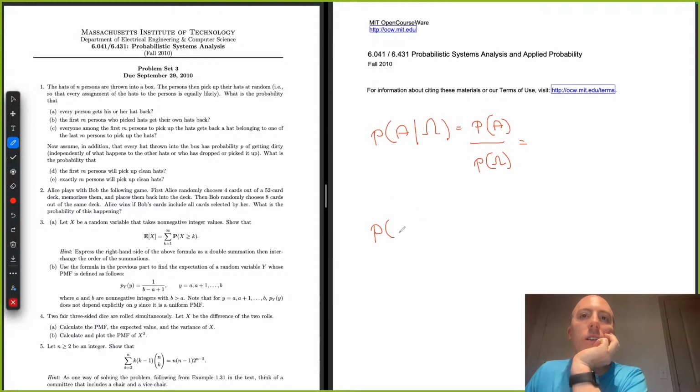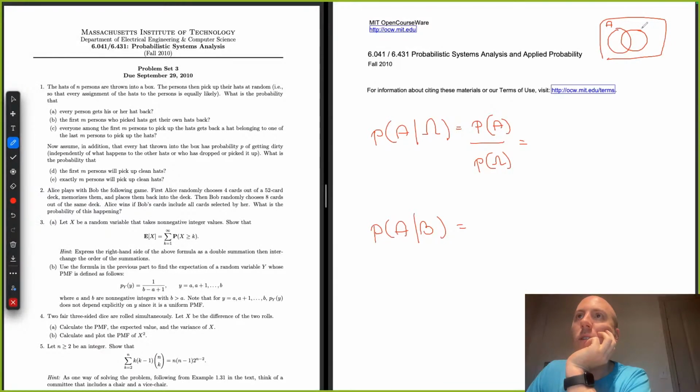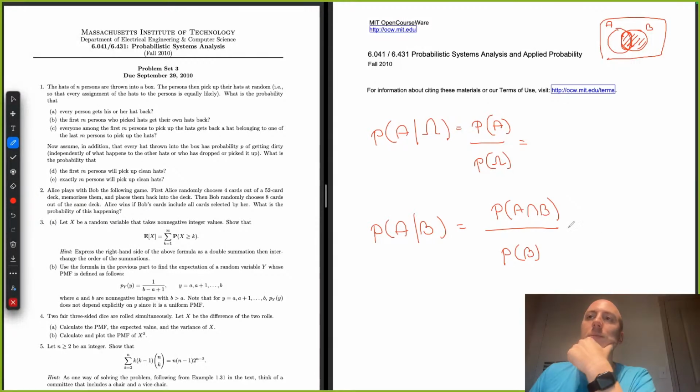So the probability of A given B: recall that we have omega, we have A, and we have B. B happens, so our new universe is the probability of B, and we just want this little bit here over the probability of B. It's the probability of A intersect B over the probability of B.